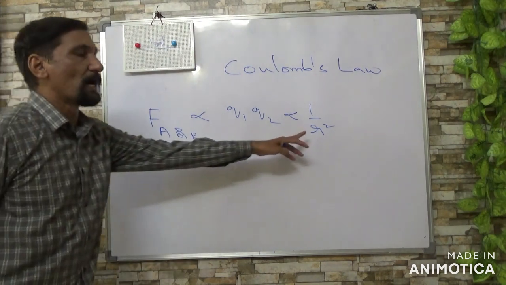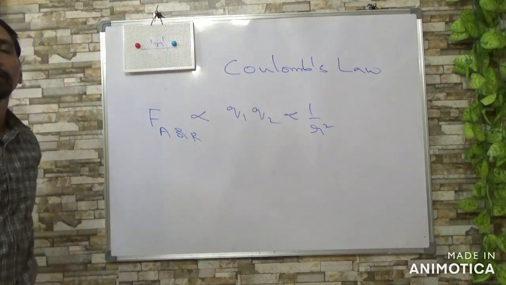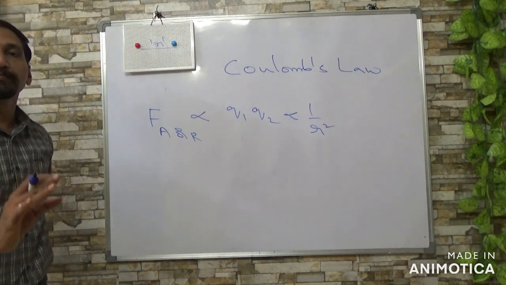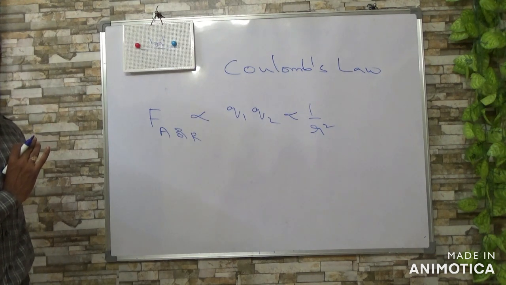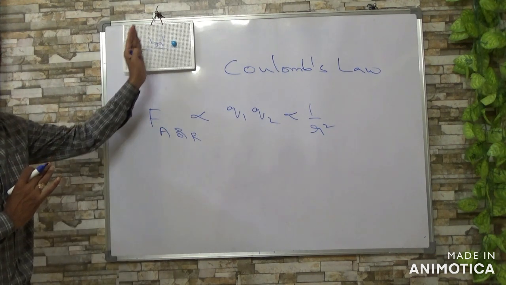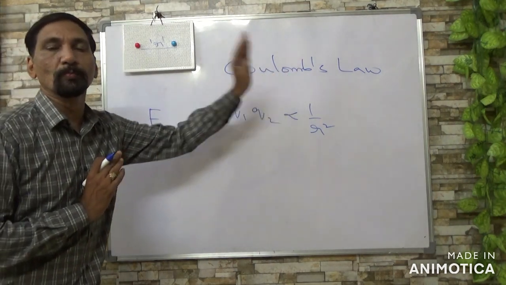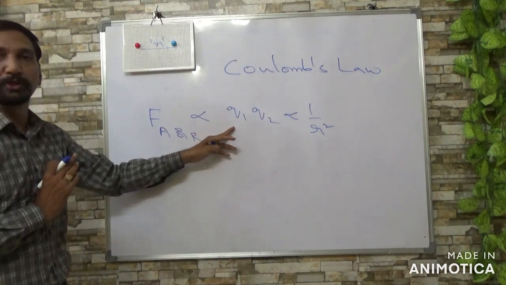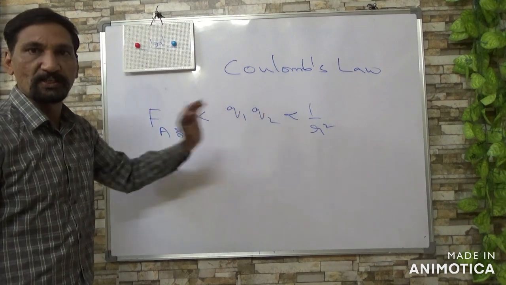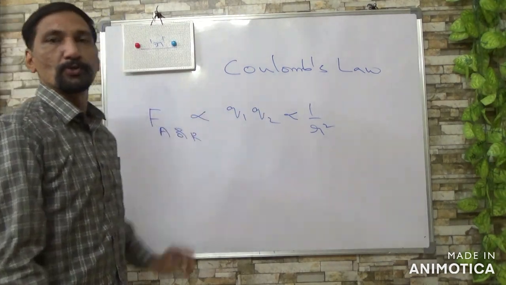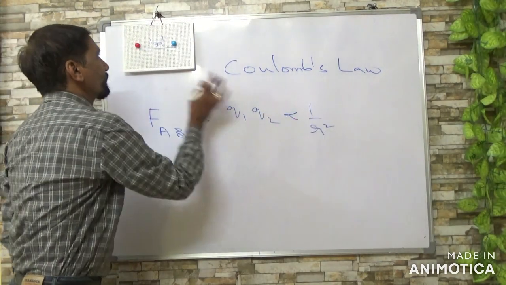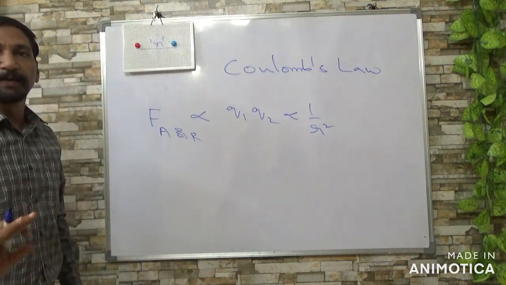This second part is called Coulomb's inverse square law. So remember, force between 2 point charges according to Coulomb is directly proportional to the product of charges and inversely proportional to the square of the distance of separation.